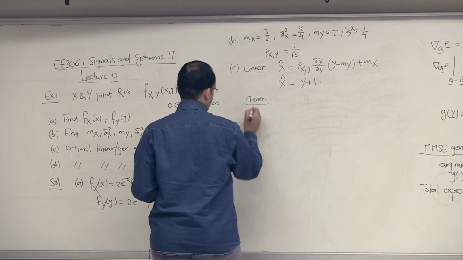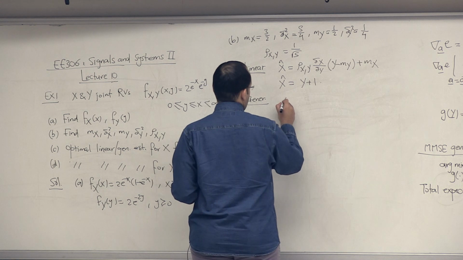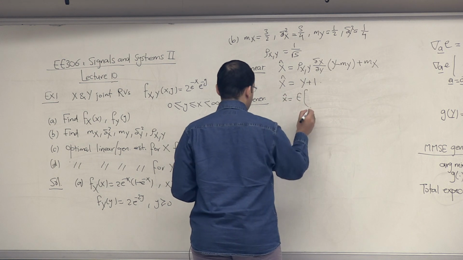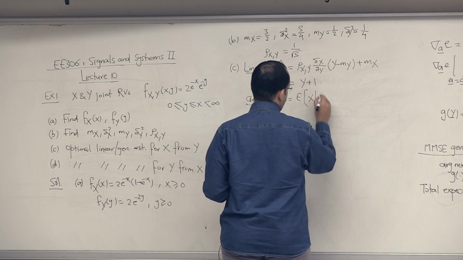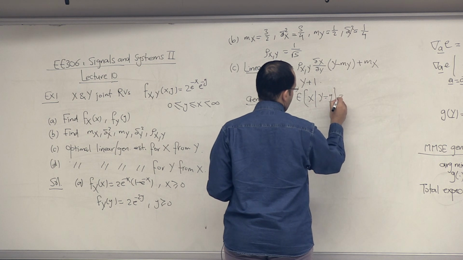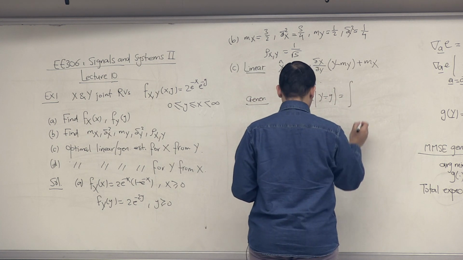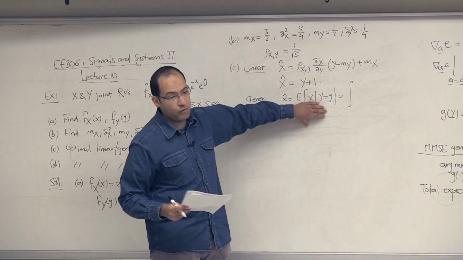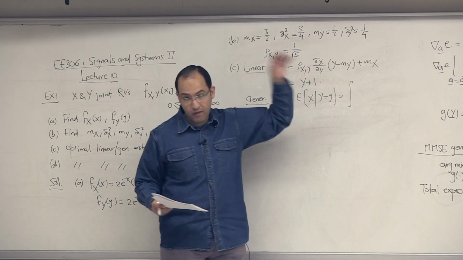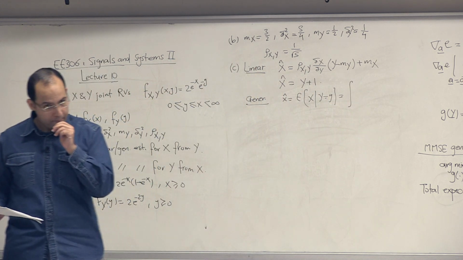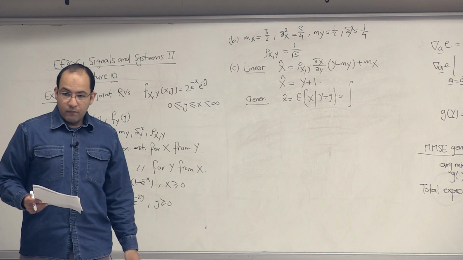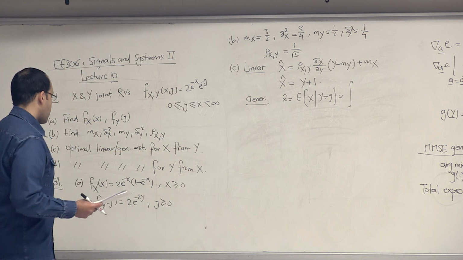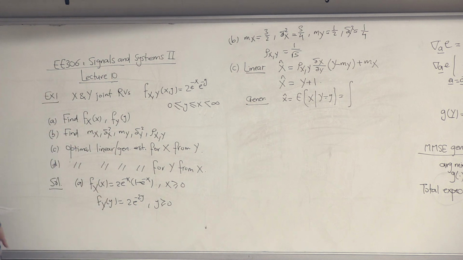Generalized, we want small x hat, which is the expected value of x given y equals y, which is the integral. How can we do that? Can someone tell me what we should put here from all the terms we have?